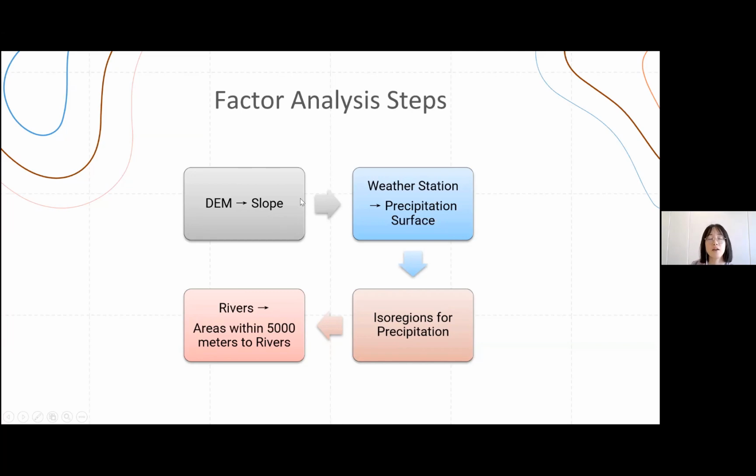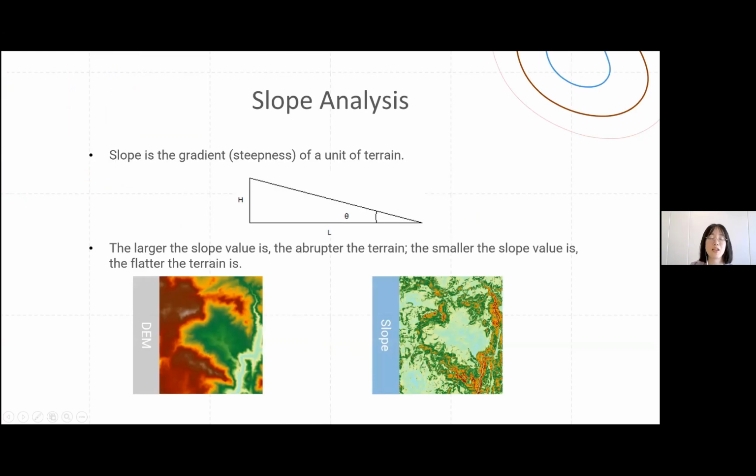So first is slope. I think slope is a very commonly used concept, whether in our daily life or in the concept of GIS. It is simply a description of the steepness of a terrain unit on Earth, and the higher the value is, the steeper the terrain is, and the smaller the value is, the flatter the terrain is.